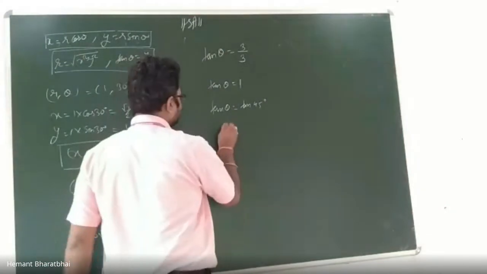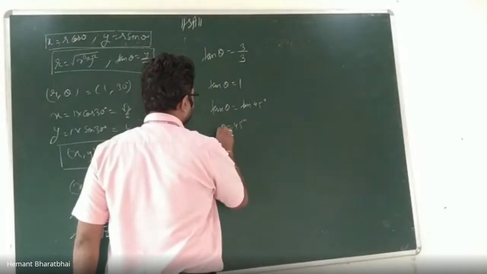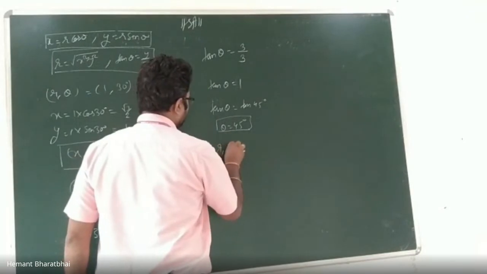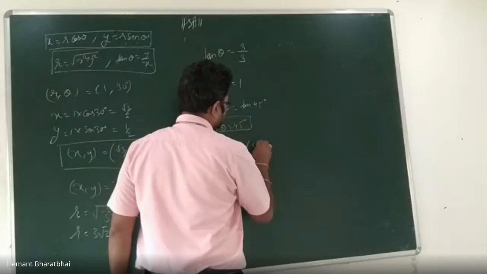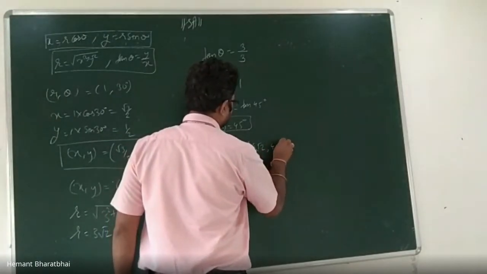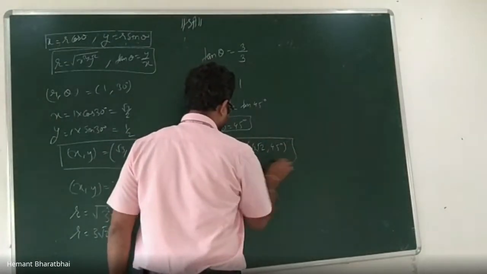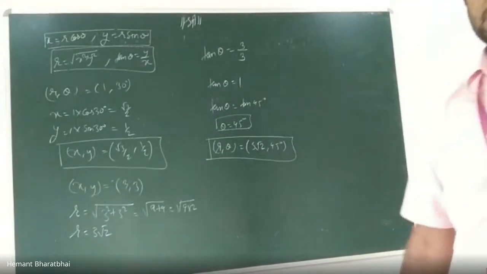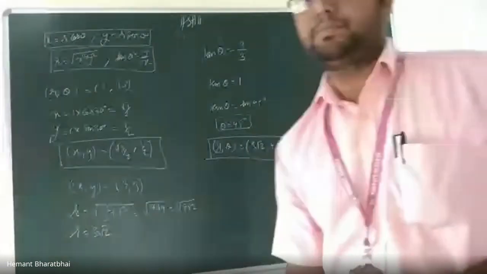So tan gets cut and we get theta equal to 45 degrees. Therefore, I can represent r comma theta as 3 root 2 comma 45 degrees. This is what we had seen in the last class, conversion of polar to Cartesian and Cartesian to polar.